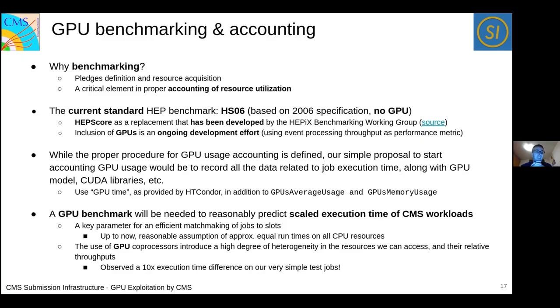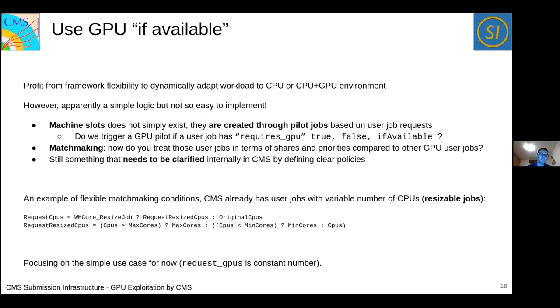And one of the reasons we need that is to be able to determine how well a site will be able to process our jobs and how fast, because of what I was saying before about the high variability in the GPU resources and how fast they can process our jobs. And for the accounting, we plan to use information that is already available, for example GPU time or other HTCondor attributes that are available.